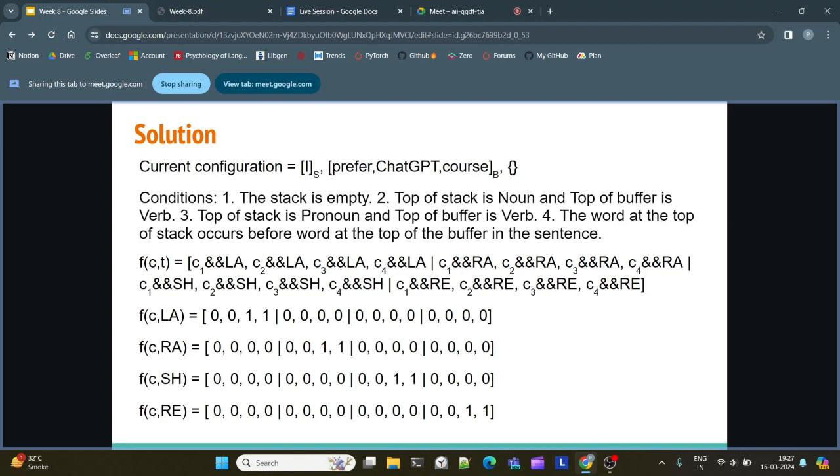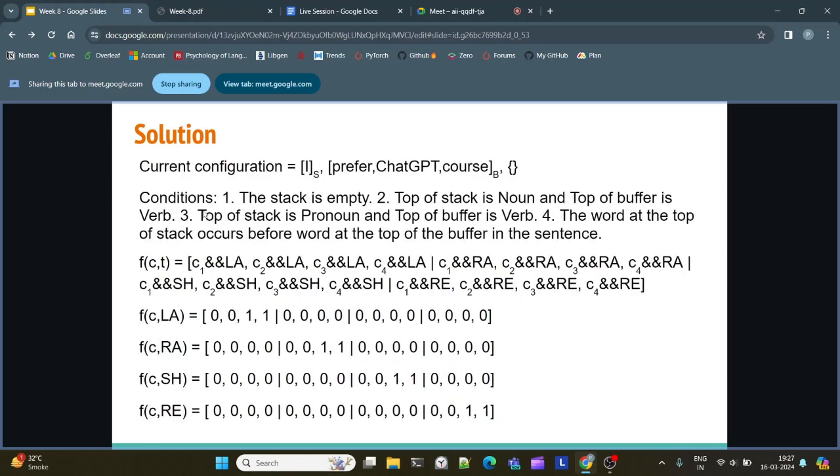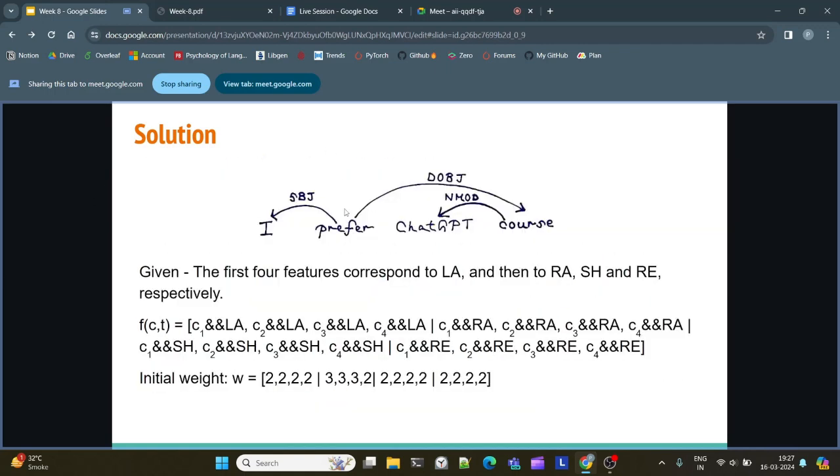Regarding introducing a root here, when we're talking about a dependency, it is from a head to another.